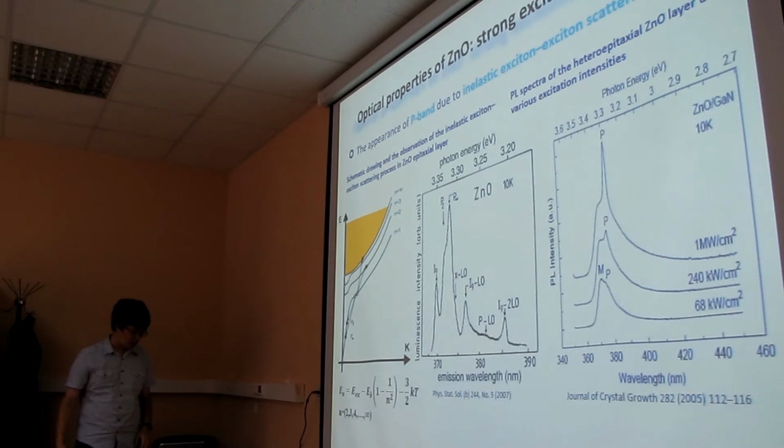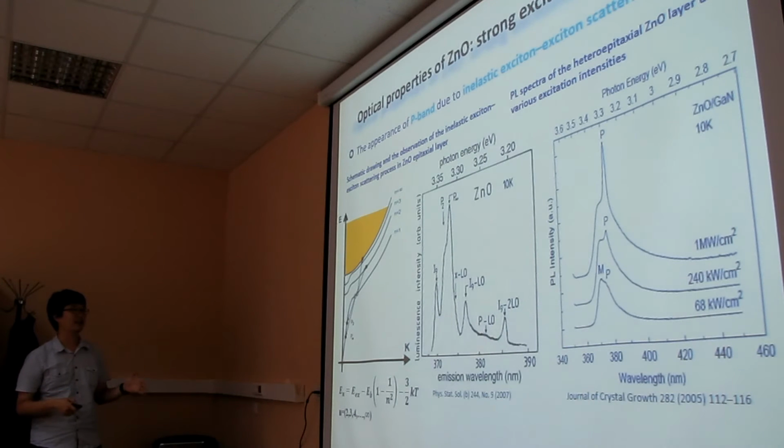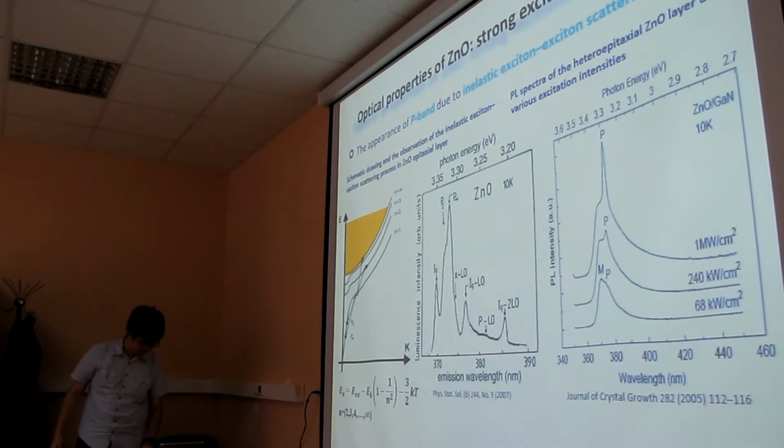So this is an inelastic exciton-exciton scattering phenomenon. In the next topics, I will talk about the competition between p-band lasing and lower polariton lasing in our zinc oxide microcavity.